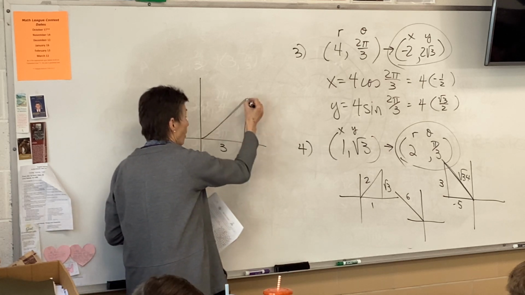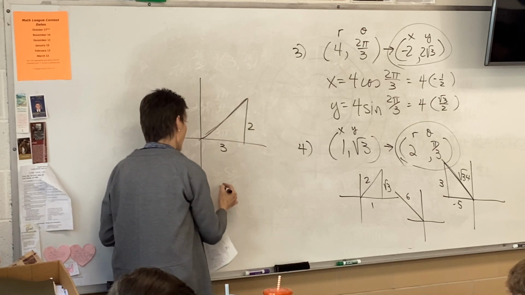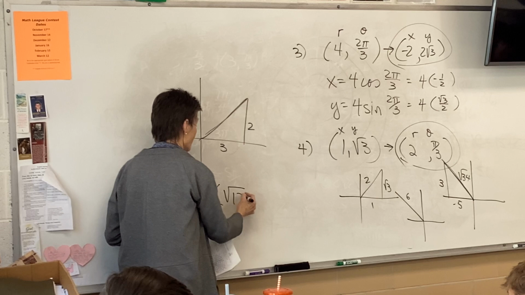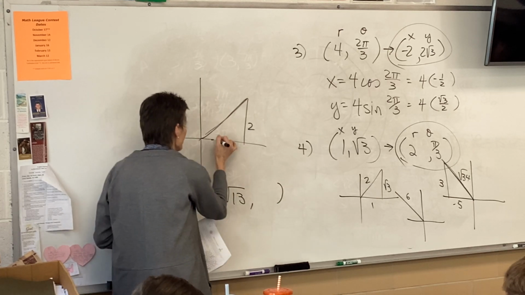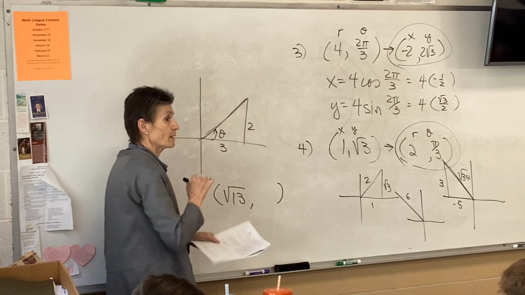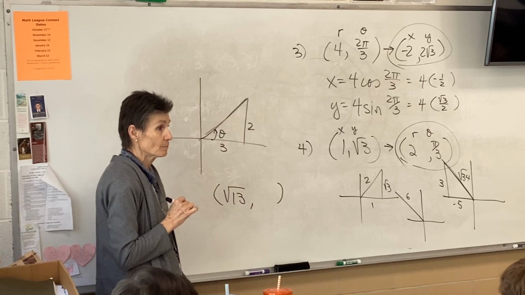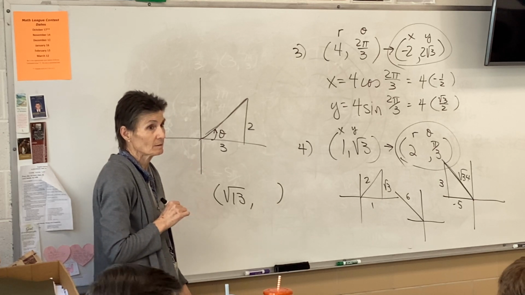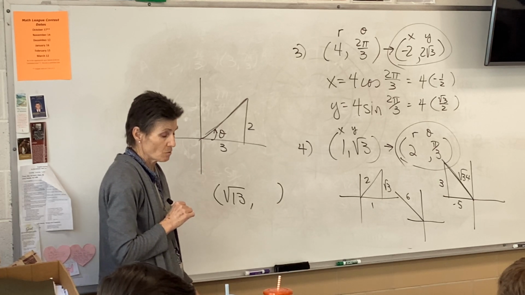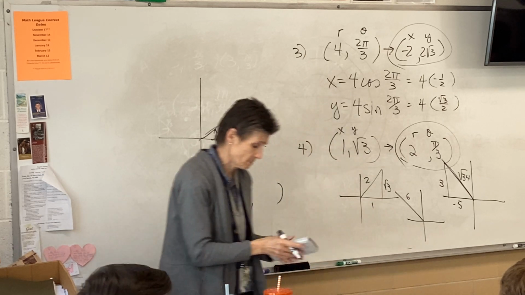Well, don't we need r? So r would be the square root of 13. And then we need theta. We're going to need a calculator because 2 and 3 are not special to me. So what do I press on my calculator?